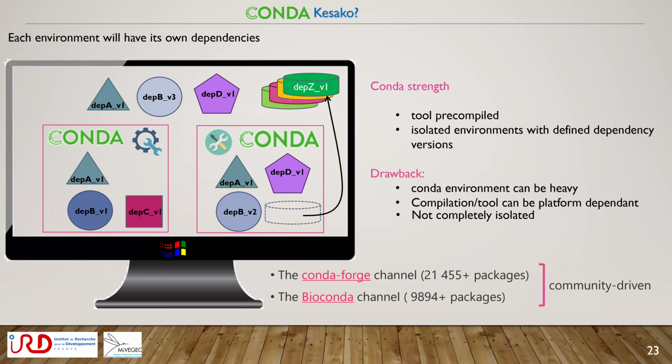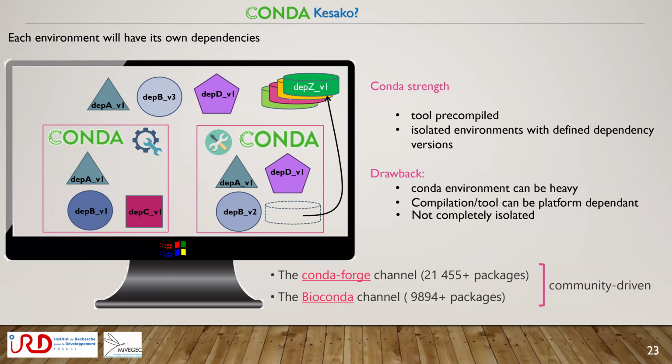So it will not mess up the dependencies on your computer, and it will not mess up dependencies between two different tools. And you could have tool A version 1, tool A version 2, tool A version 3. You could have the same tool at different versions in parallel.